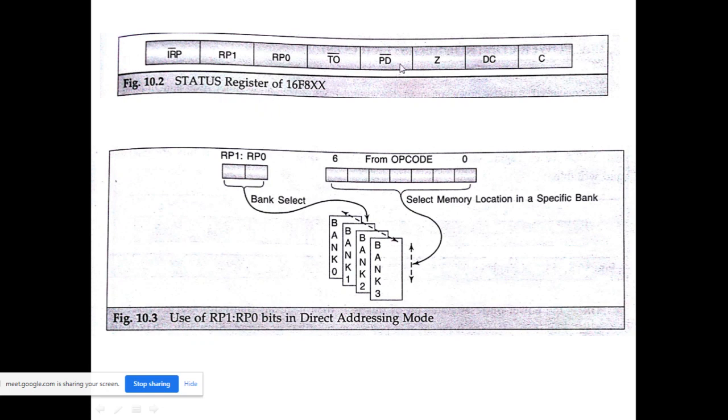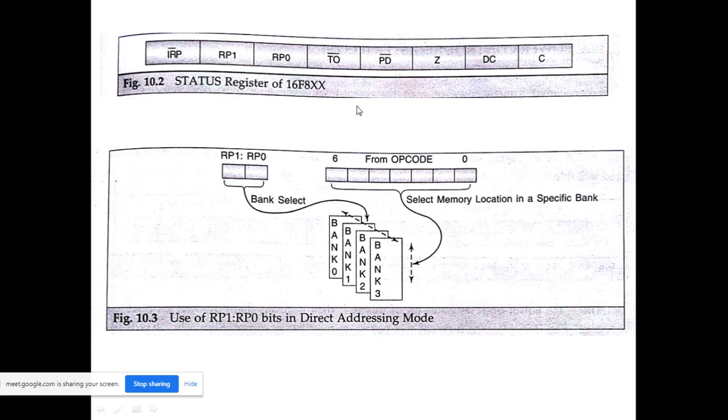The rest of the structure of this status register is identical with that of the lowest device which we have already studied, the 16C61 microcontroller, which we studied in the last semester. So carry flag, digit carry flag, zero flag, timeout bit, power down bit. The functions of all these bits are the same as we have seen in 16C61.